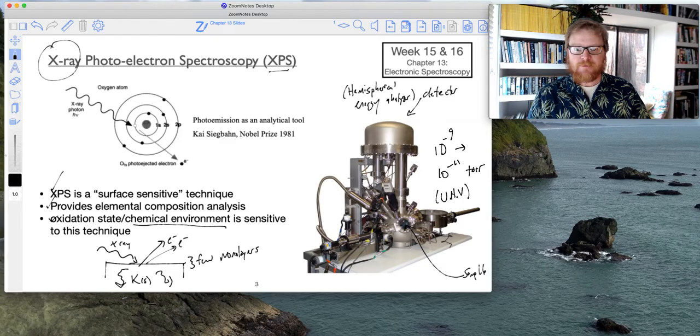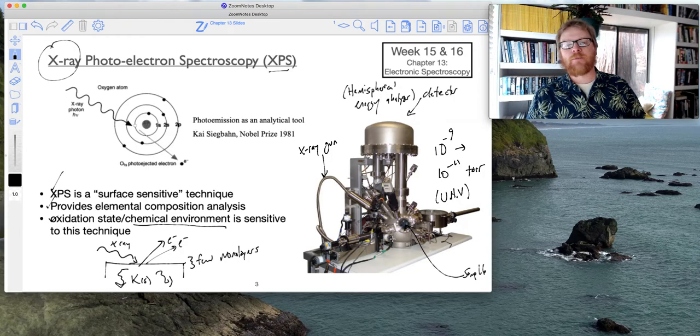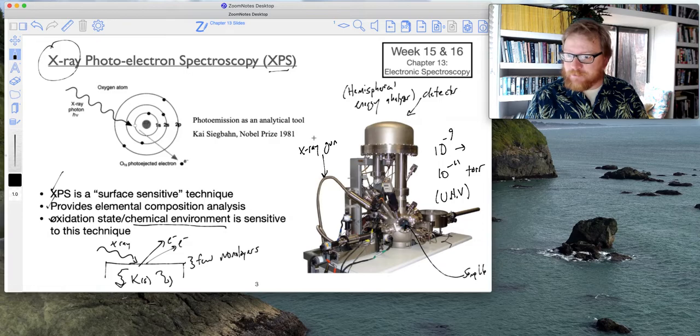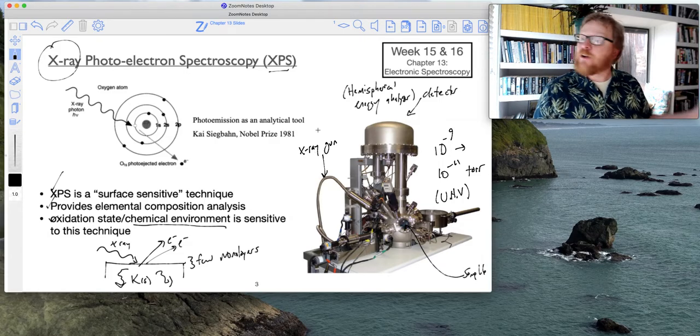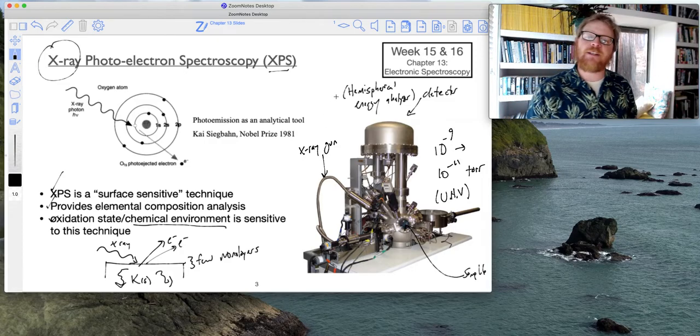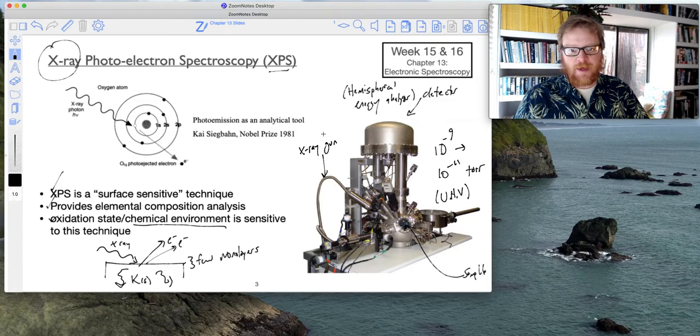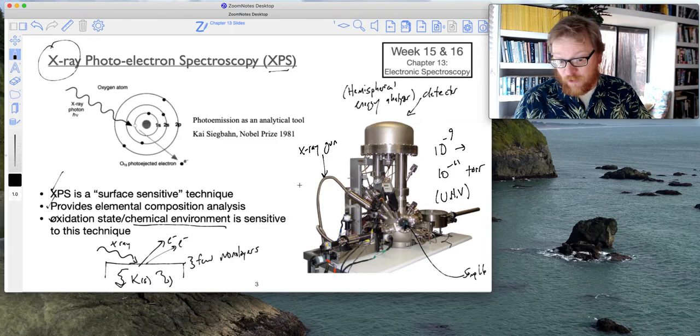To get a vacuum system to pump down to a pressure like that is challenging. Here is the X-ray gun, and they're actually called X-ray guns. Most typically, it's an aluminum anode that has a lot of energy pumped into it, and that evaporates off electrons through this core shell interaction.